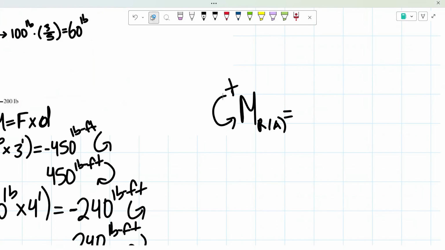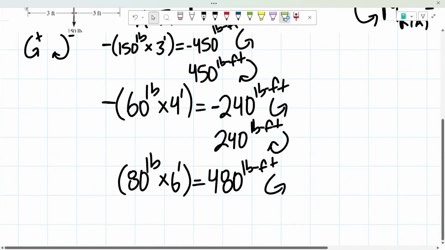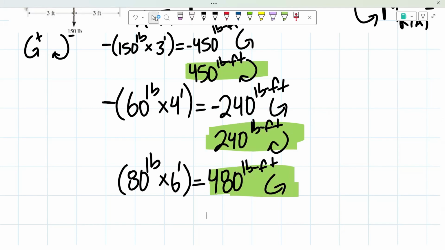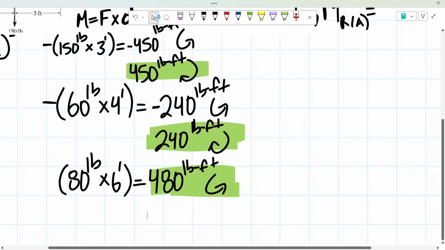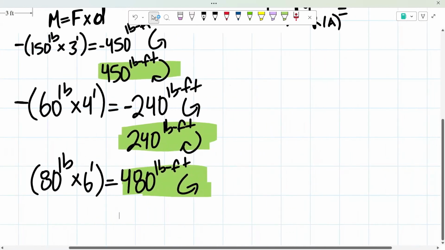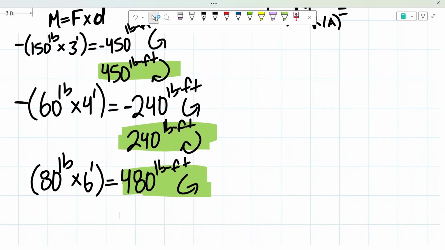So if you guys remember, these are the moments that we found. The first one that we have is a 450 pound feet going clockwise. That one's going to be negative. We have 240 pound feet going clockwise, negative, and we have 480 pound feet going counterclockwise. That's going to be positive.